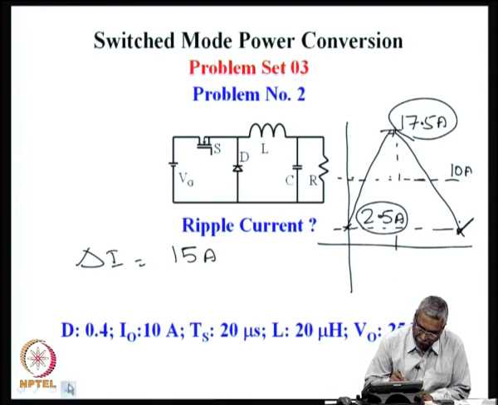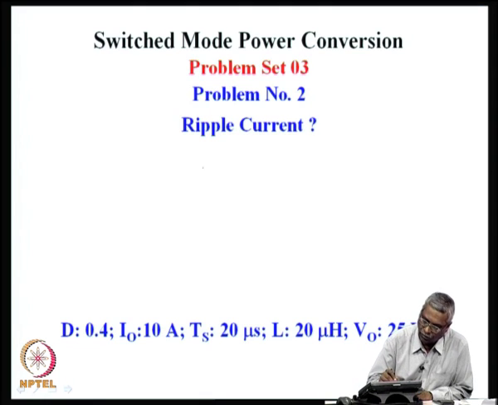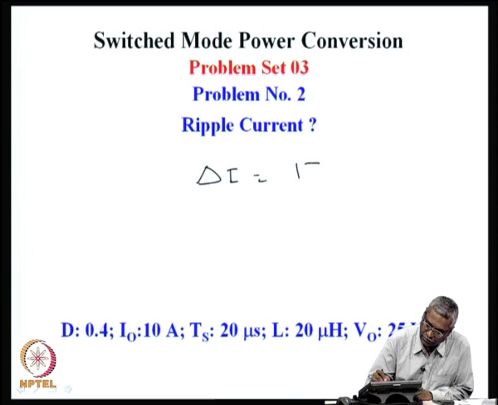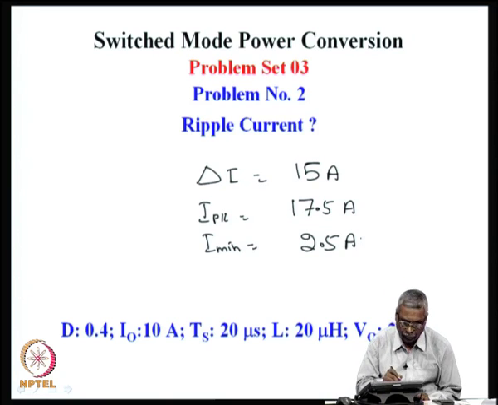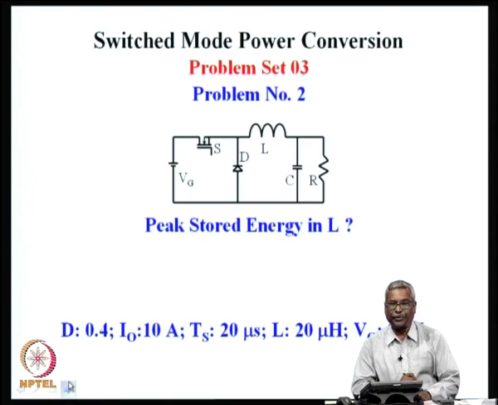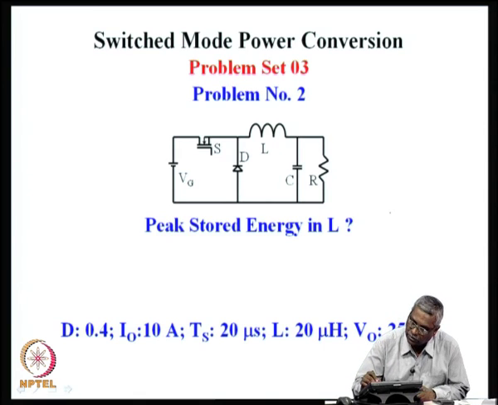The next measure is delta I is 15 amperes, I peak is 17.5 amperes and I minimum is 2.5 amperes. This is what we have found out. Now, what is the peak stored energy in the inductor? We know that the inductor stored energy is 1/2 of L into I square.